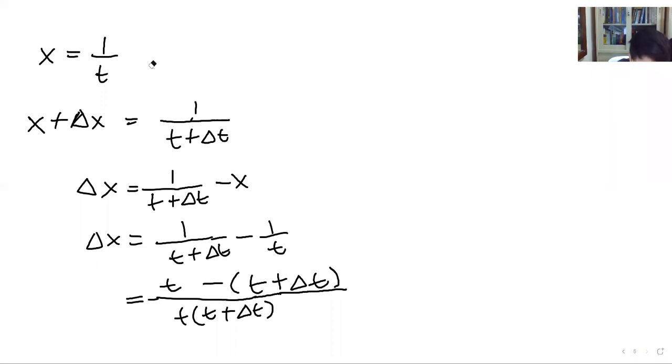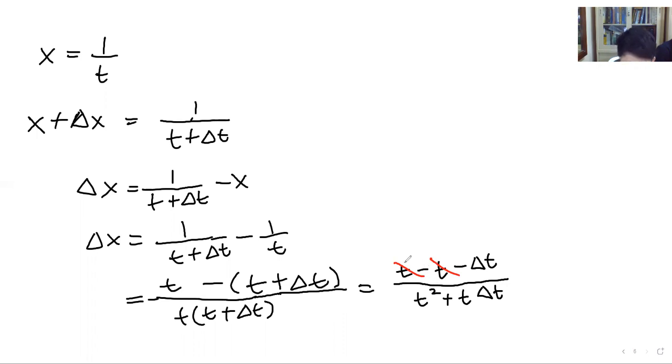Now we can eliminate the parentheses and expand the denominator. There are obviously like terms: t minus t is 0.